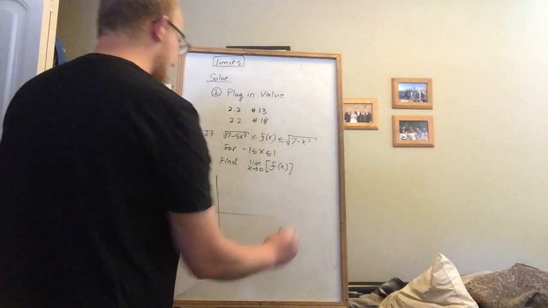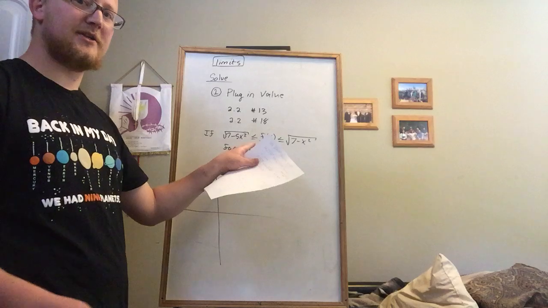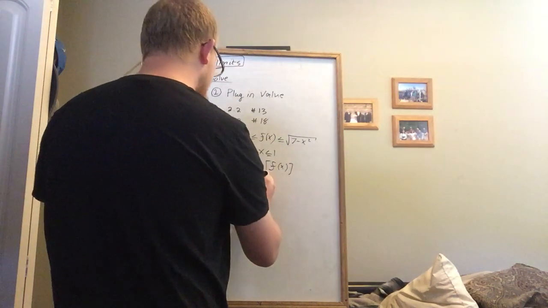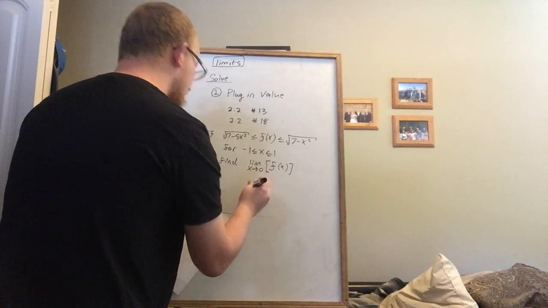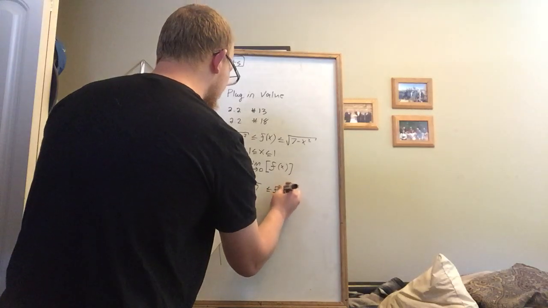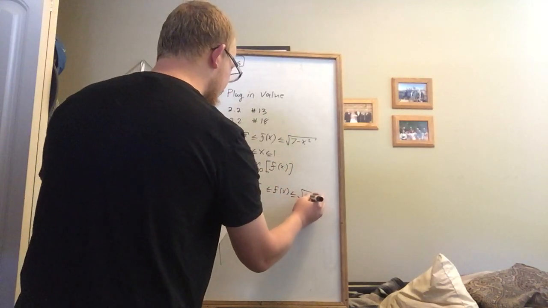But what we have here is we have two functions, right? And I'm just going to go ahead and plug in 0 for each of these functions. So plug in 0 for this side. 7 minus 0 is just root 7. And then over here, this x squared goes away. And so we're left with over here just root 7 as well.